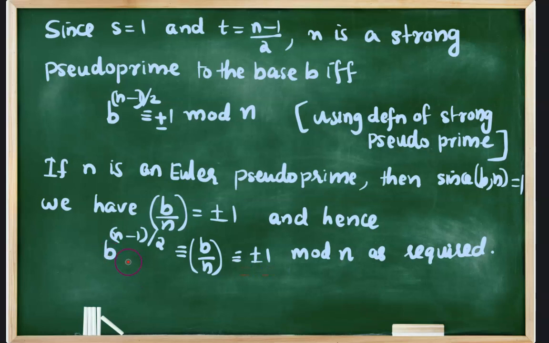Thus we have b raised to (n-1)/2 is congruent to plus or minus 1 modulo n as required. So we can conclude that n is a strong pseudoprime. So we have proved that if n is an Euler pseudoprime, then n is a strong pseudoprime.